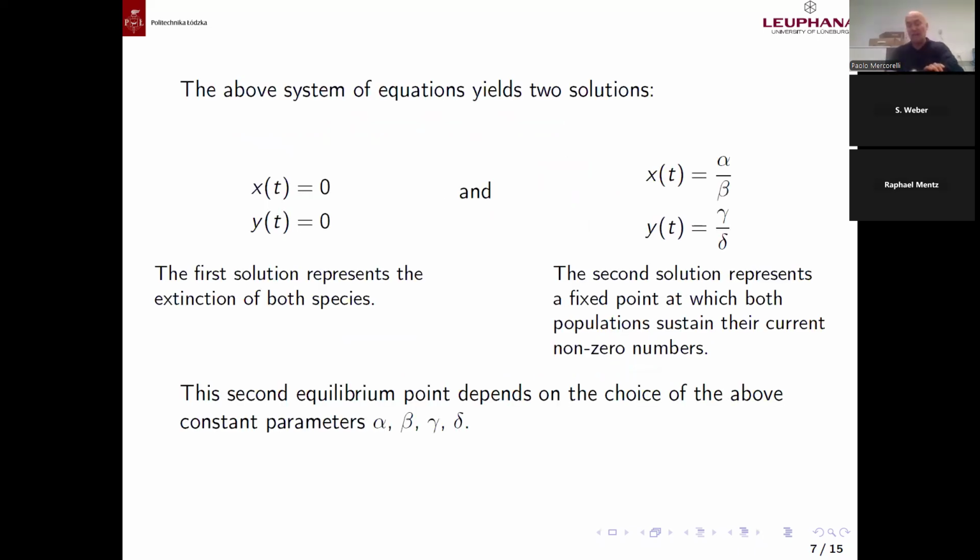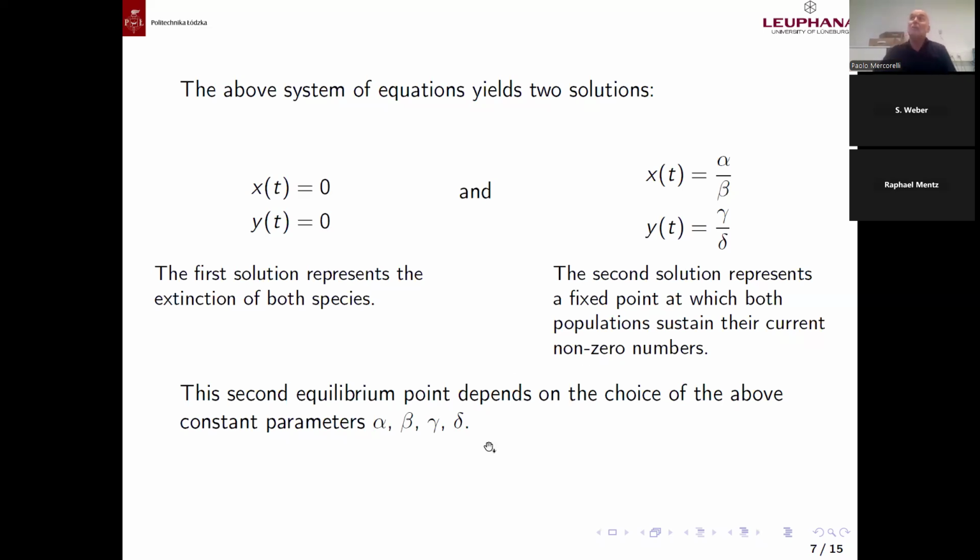Believe me, I have to accelerate a little bit. One is (0, 0). This is intuitive, because if you don't have rabbits and you don't have foxes, the ecosystem is in equilibrium because there are no changes, no rabbits. It's the trivial equilibrium point.